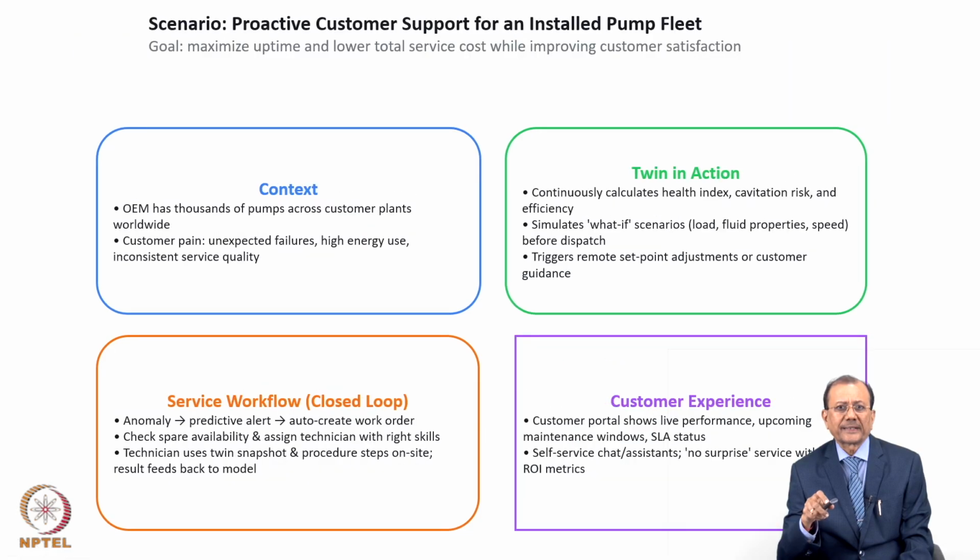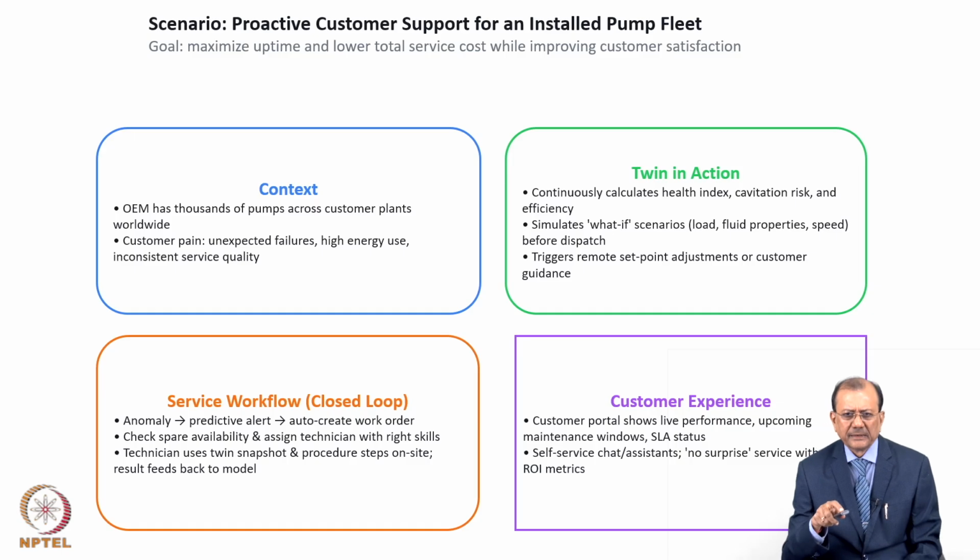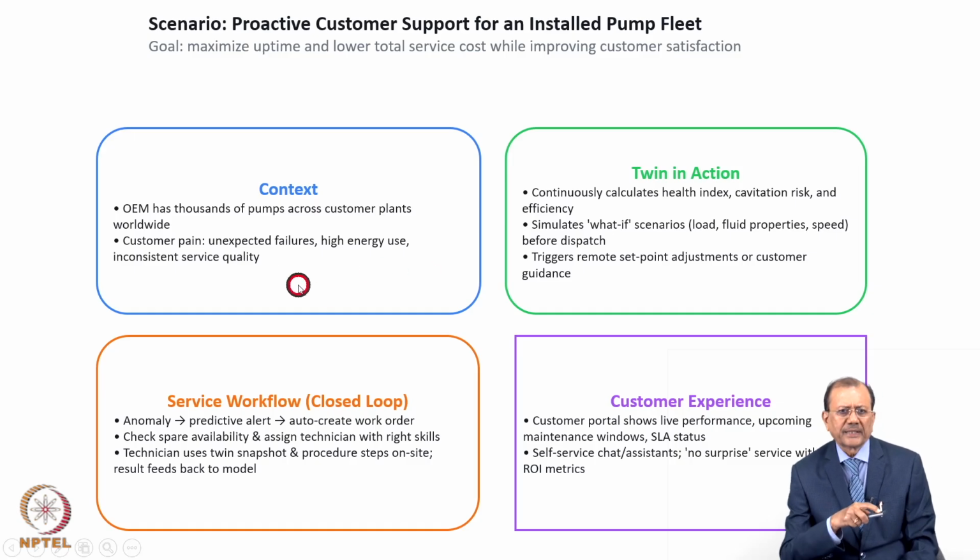Next is proactive customer support for an installed pump fleet. How will we provide proactive customer support with the help of digital twin for an installed pump fleet? This slide explains that in detail. The OEM has thousands of pumps across customer plants worldwide. Customers face unexpected failures, high energy use, inconsistent service quality.